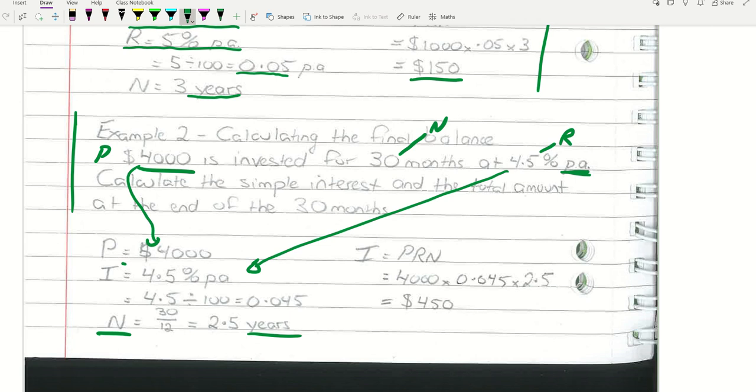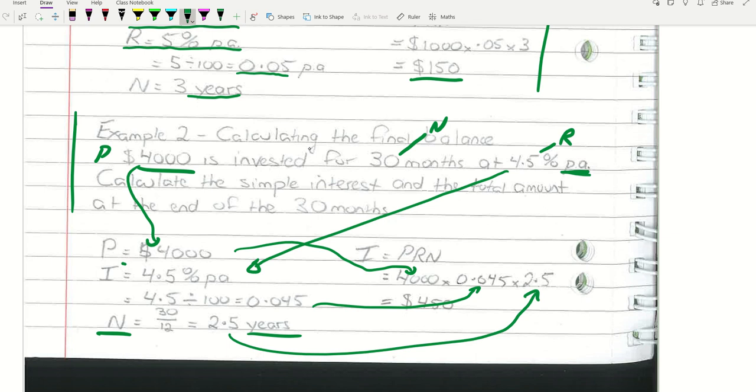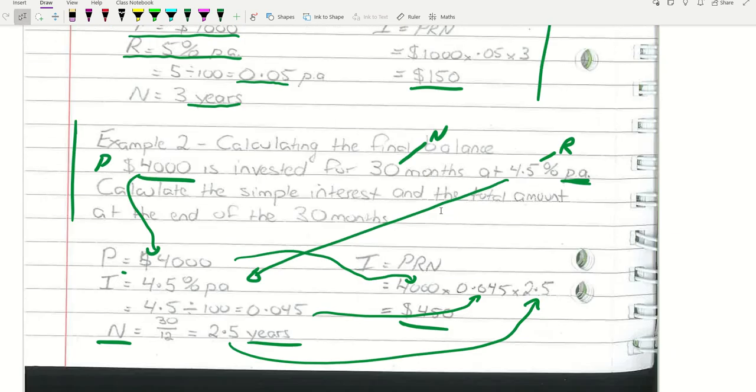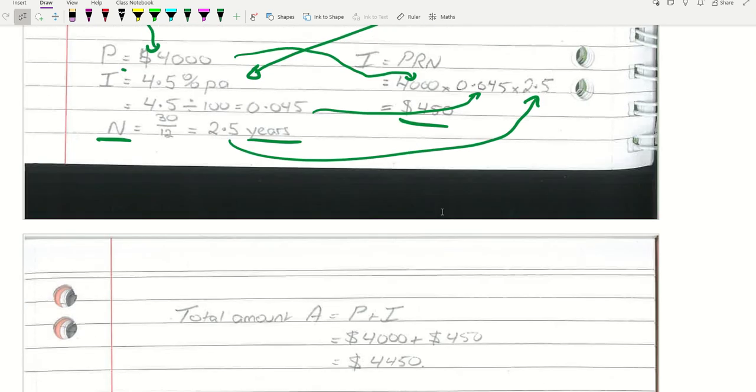Come over here and put in our formula. We've got I equals PRN. Substitute those numbers in: P in here, R in here, and N in here. Put them in our calculator, and our answer comes out at $450. Now we've still got one thing to do: we need to find the total amount.